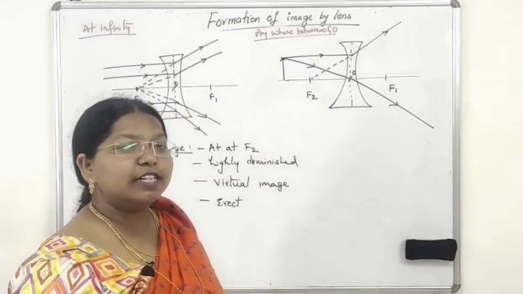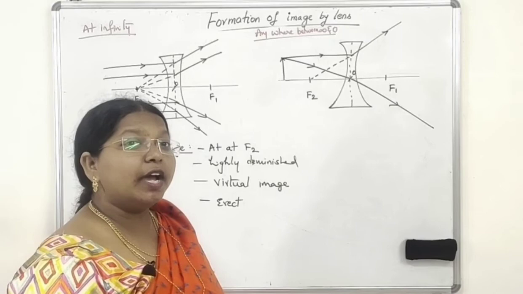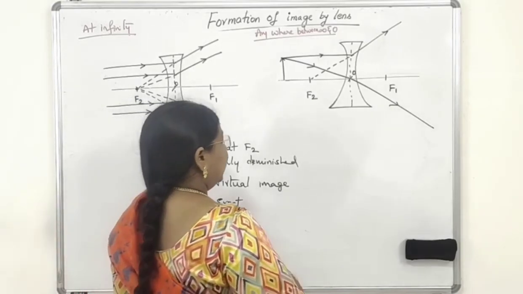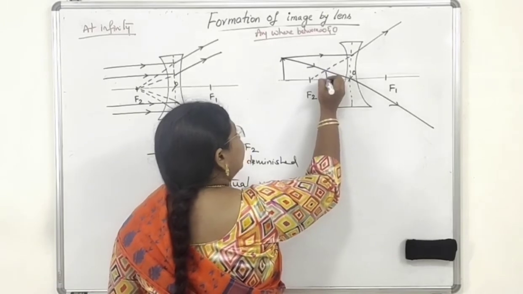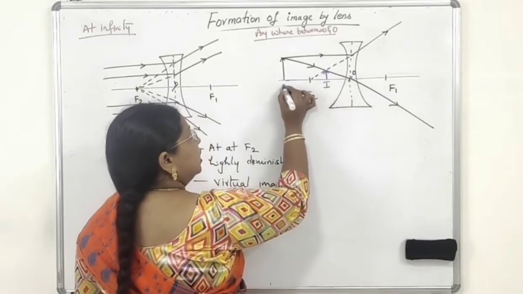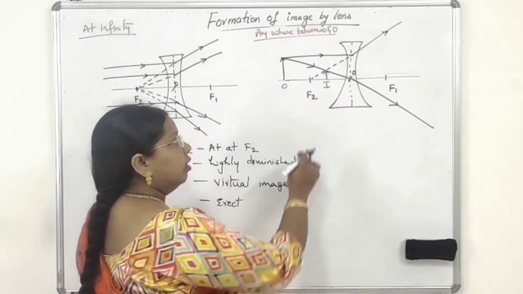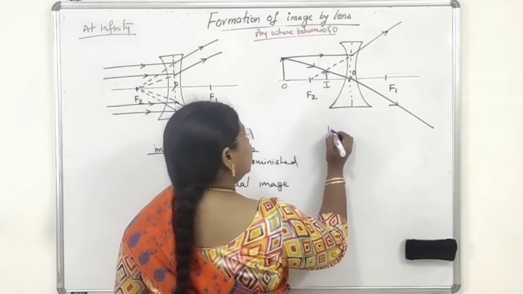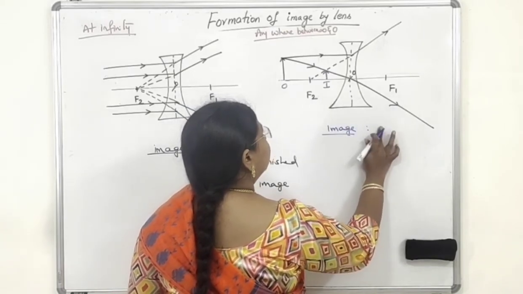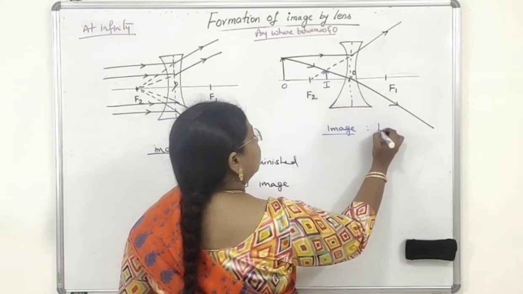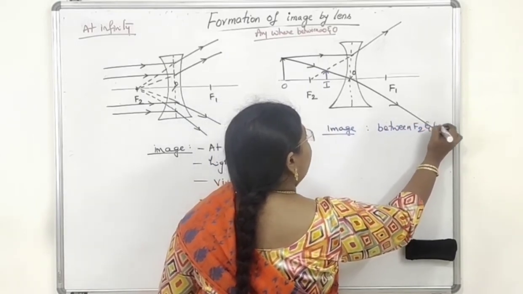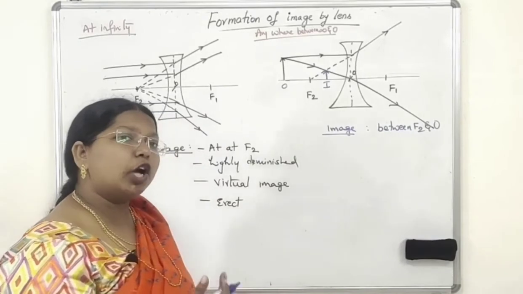Okay. Listen, students, where is your image? The point where these two rays coincide. This is your image. This one is your object. So where is the image formed? Between F2 and optical center.